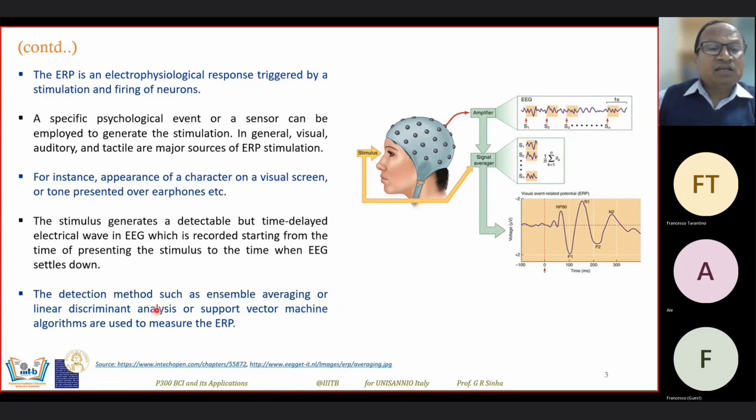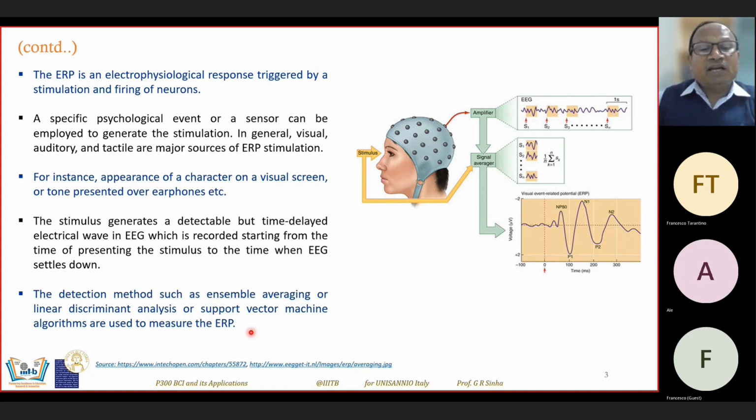So the detection method can be any method like ensemble averaging or linear discriminant analysis or SVM, support vector machine. All these algorithms can be used to analyze and measure the ERP, that is the evoked response potential, or sometimes event related potential. That is the better name, event related potential.